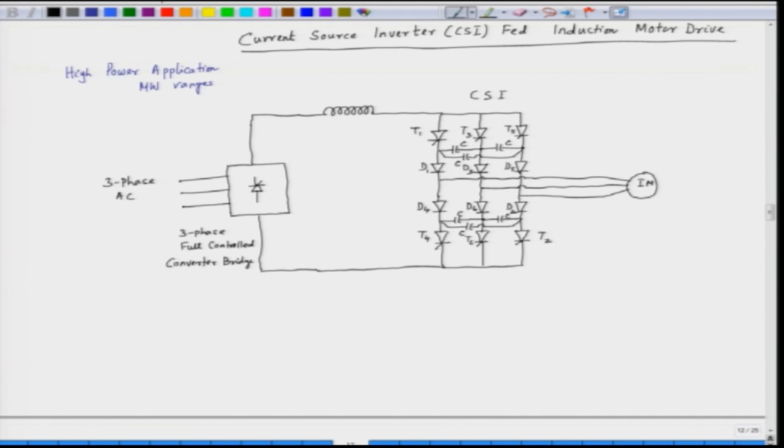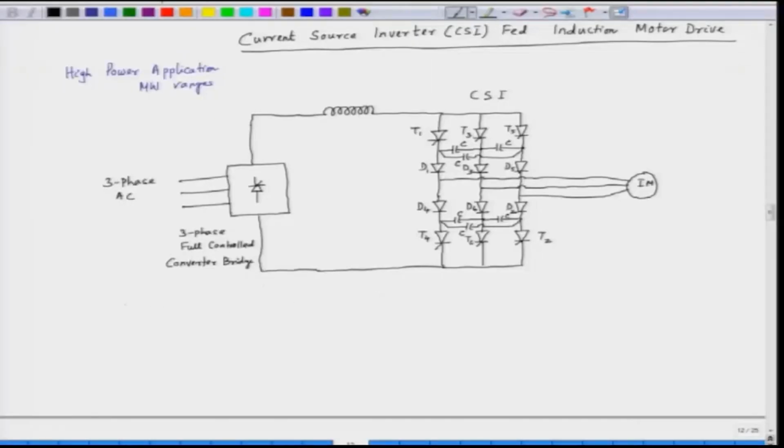Now, we will not be discussing the detailed operation of this CSI, which is usually done in a first course in power electronics. The capacitors are used for force commutation. The SCRs are triggered in the sequence T1 to T6, and then the capacitors are charged, and the capacitors are used to turn off one SCR when the next SCR is triggered.